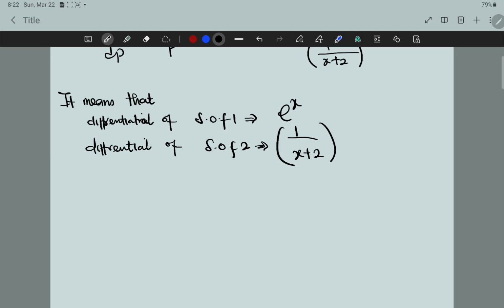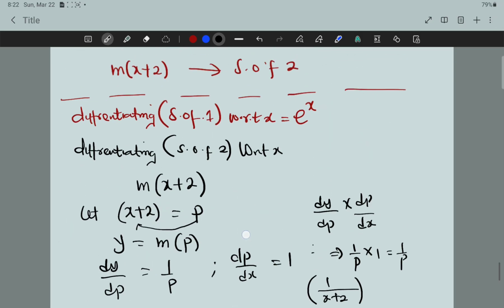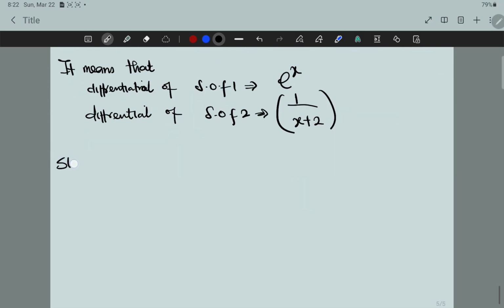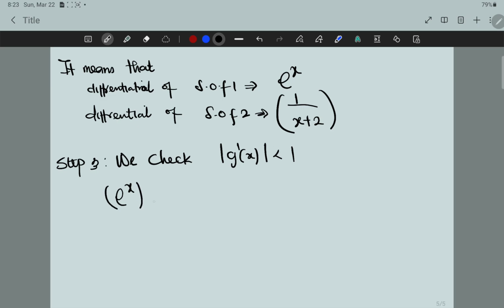So now we check step 3, right? This is step 2, now step 3. We check such that when you differentiate this, it will be less than 1. For this particular one, e to the power of x, let's impute at x naught.